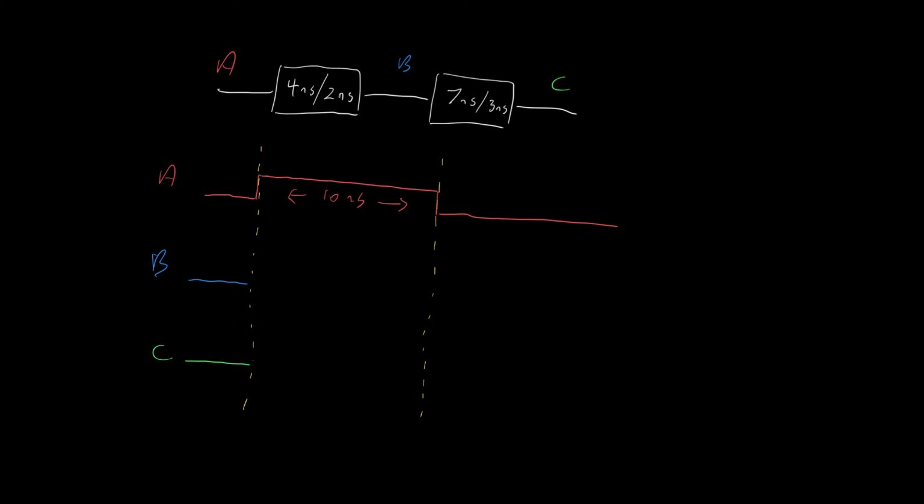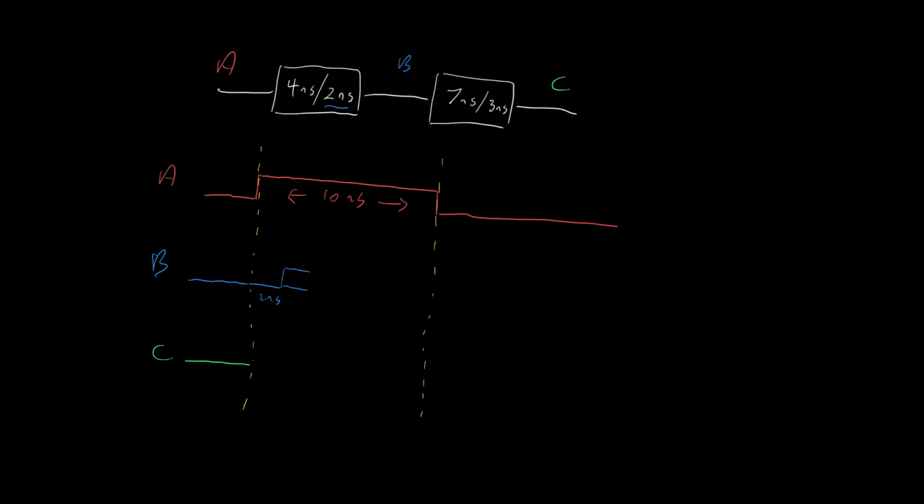Because the contamination delay is 2 nanoseconds, we know that even though A has changed, we will have a period of 2 nanoseconds when the output B remains constant. After 2 nanoseconds, we enter a period of unknown. We don't know what the output's going to be. It might be a nice transition, it might contain glitches, we just don't know.